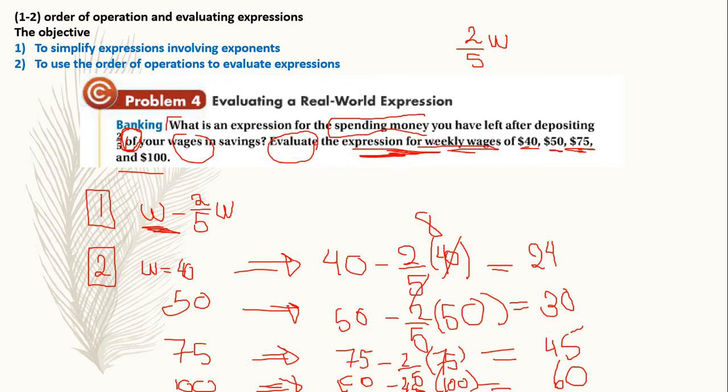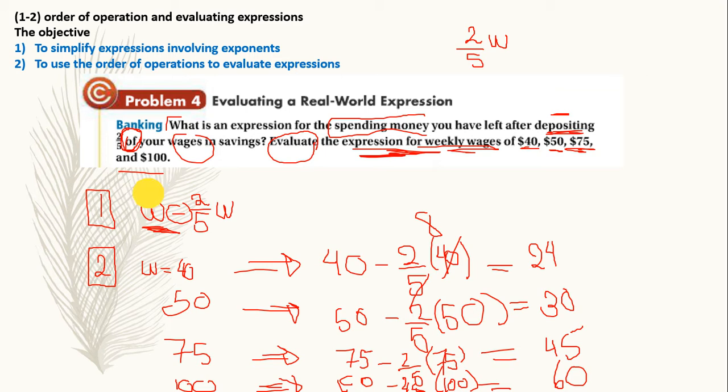So again, if you want to represent the expression for the spending money you have left after depositing 2/5 of your wages, remember you need to use minus, because you are taking from your wages.